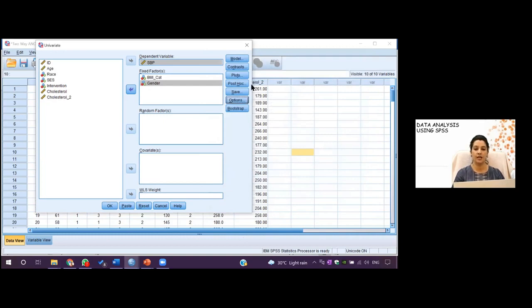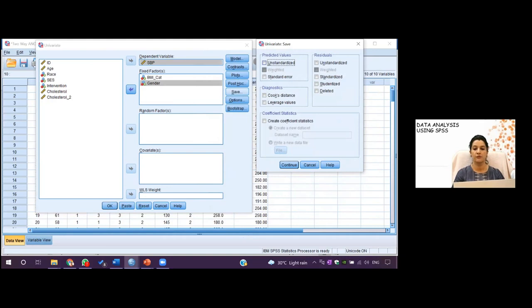I have to check one more option here for the residual. I've told you that this two-way ANOVA predicts the value of the standardized, unstandardized, and studentized residual, because I have to check the three assumptions. That is the linear, not linear, sorry. That is the box plot, normality, and Levene's statistics.